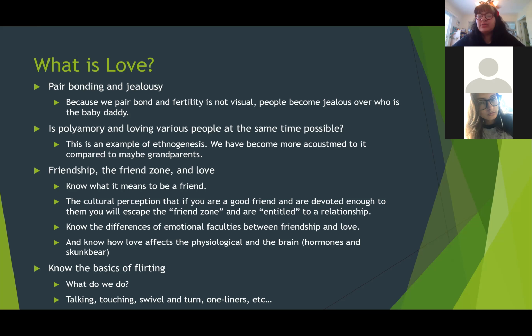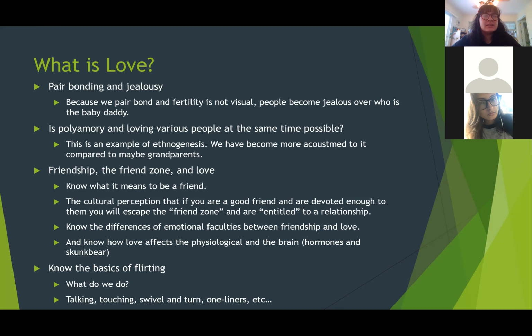But also think about the cultural perception that if you are a good friend and you're devoted enough to a certain friend, you will be able to escape the friend zone and you become entitled to that relationship. That's something discussed a lot in incels and incel culture and social media in general.